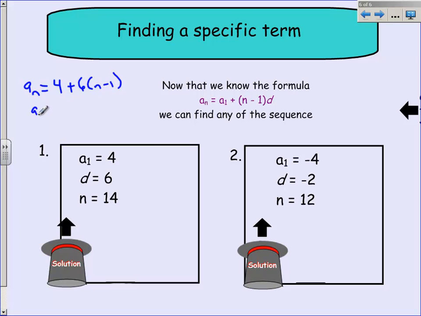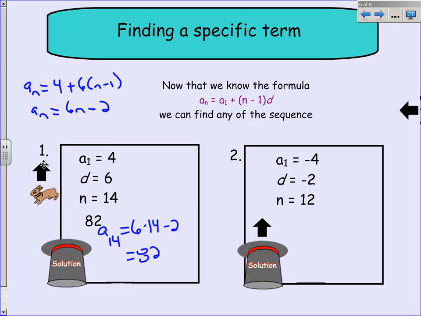Clean that up into a sub n equals 6n minus 6 plus 4, which is 6n minus 2. Find your nth term formula, so a sub 14 would equal 6 times 14 minus 2, which is 82. Let's see if we got that right. There we go. The rabbit says it's 82.